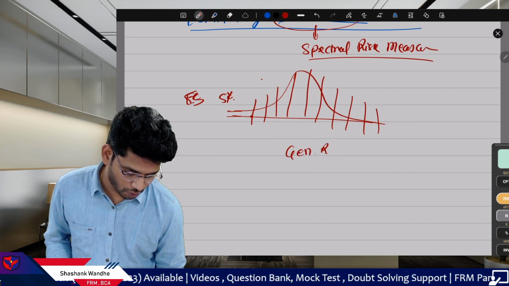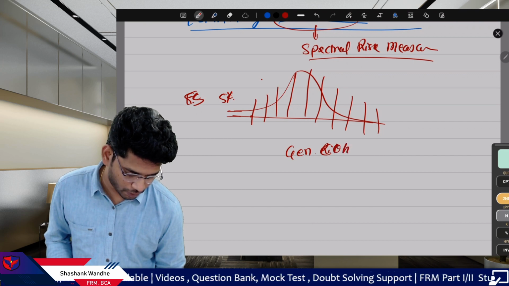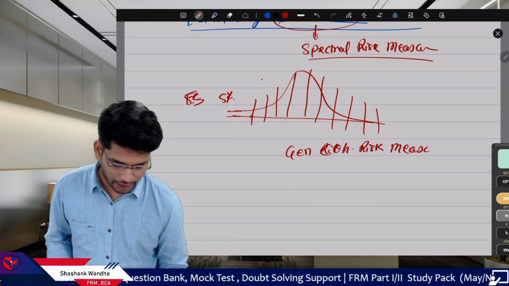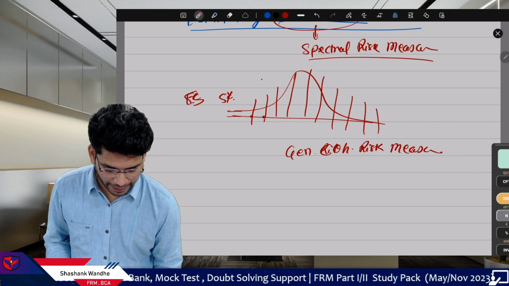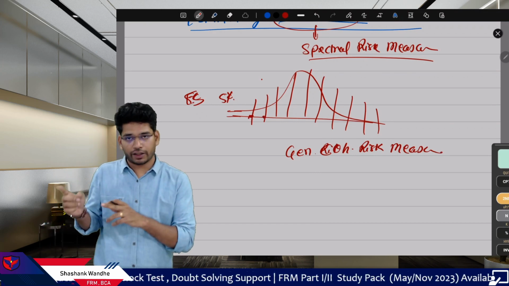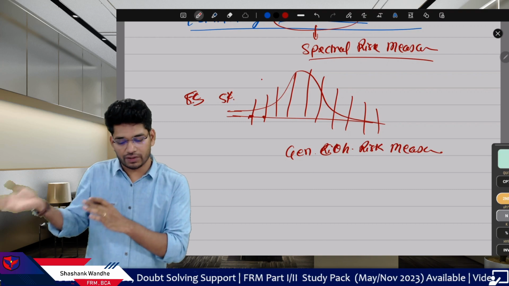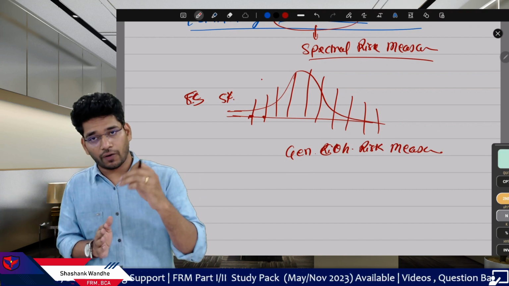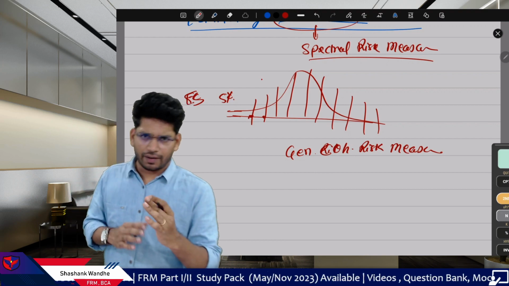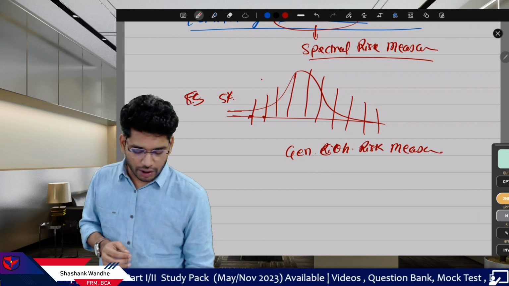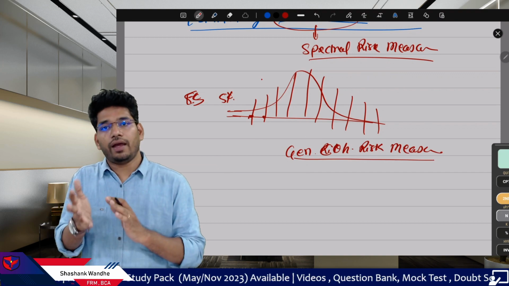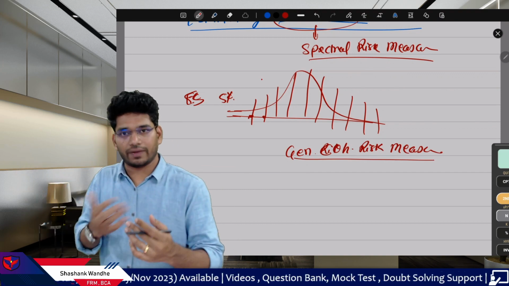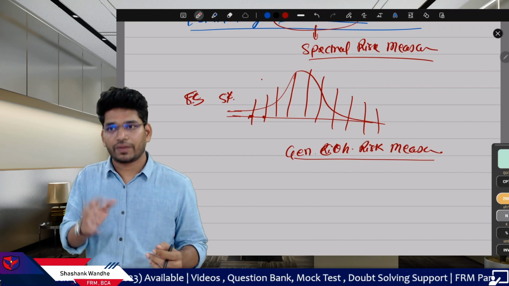In the general coherent risk measure, we put weights. I told you that in expected shortfall we put weights in a certain category. For value at risk, we provide 100% weight to one particular value which falls on the value at risk boundary. But in the general coherent risk measure, we put weights using the risk aversion of the investor or trader.